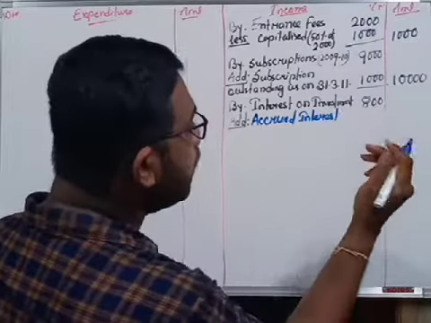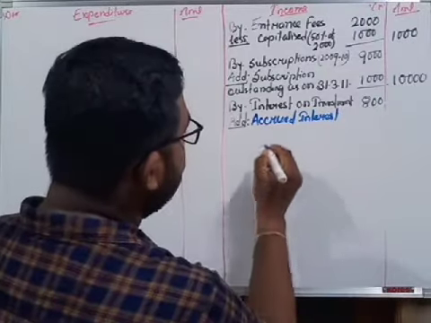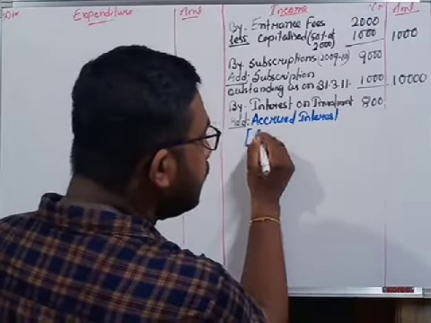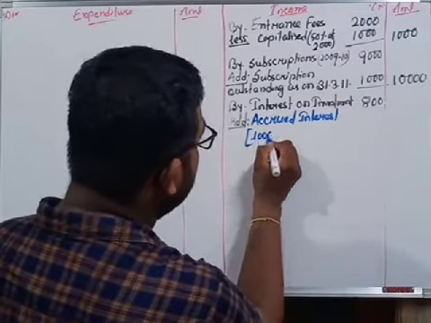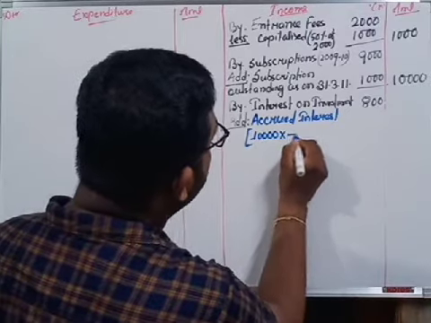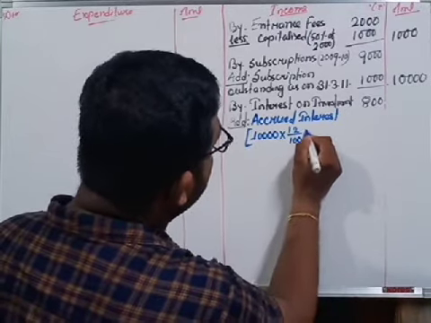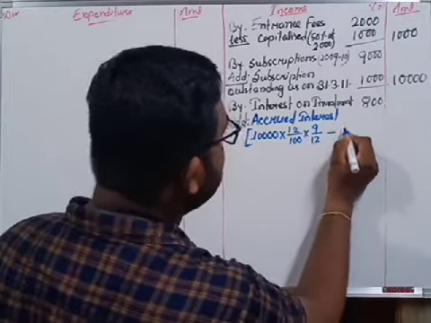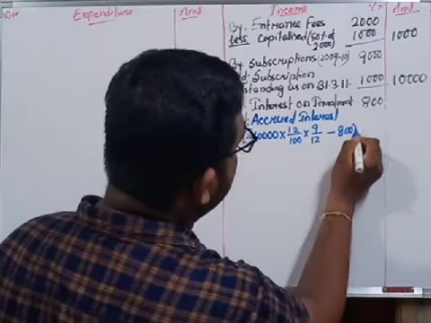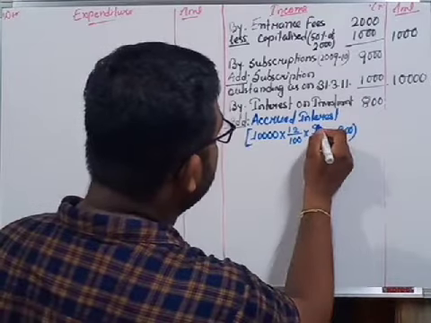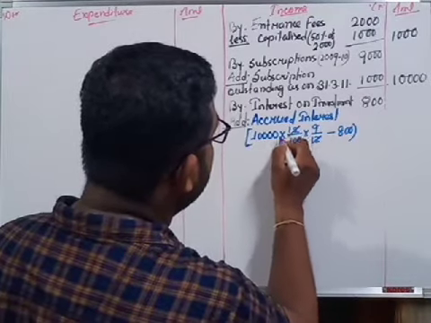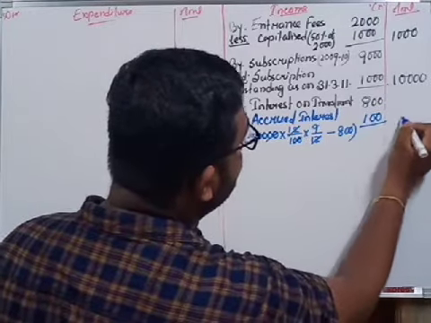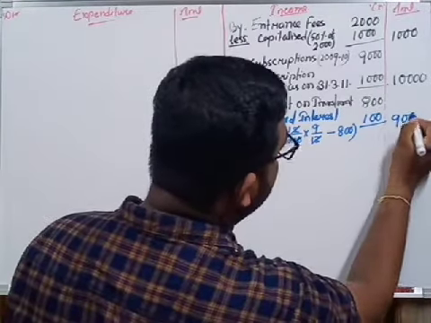So how can we find 800? We simply write the total value of investment, 10,000 into 12 by 100 into 9 by 12, which is 900, minus 800, 100, and 800 plus 100 is 900.